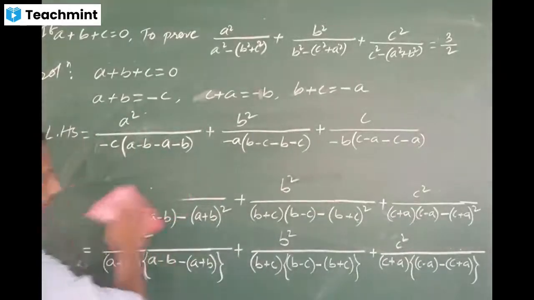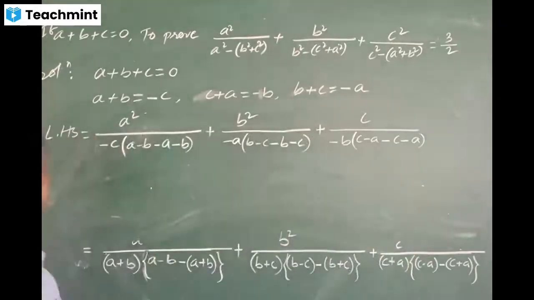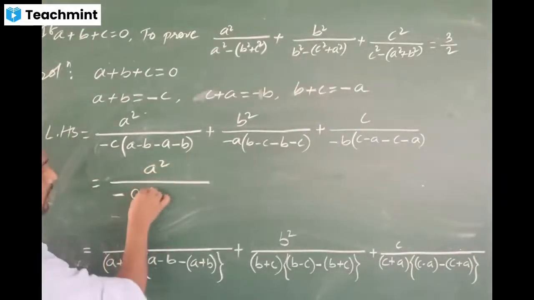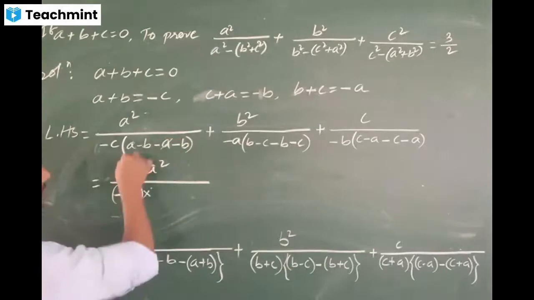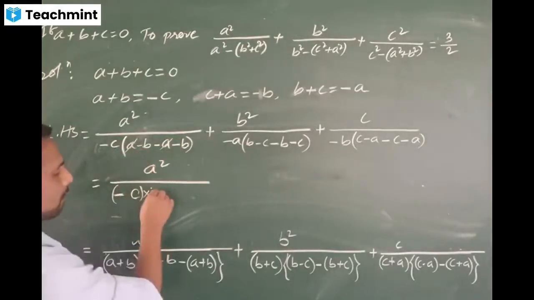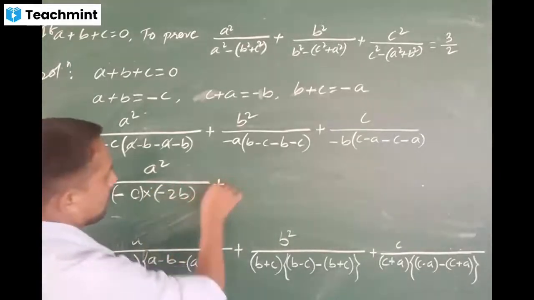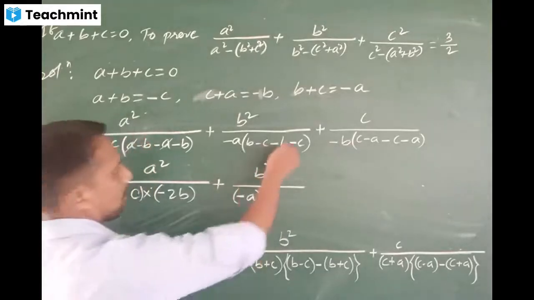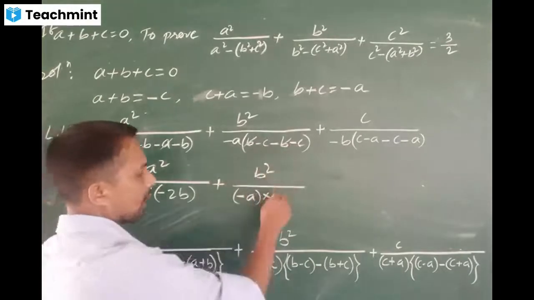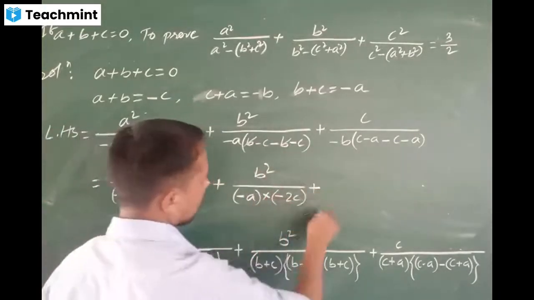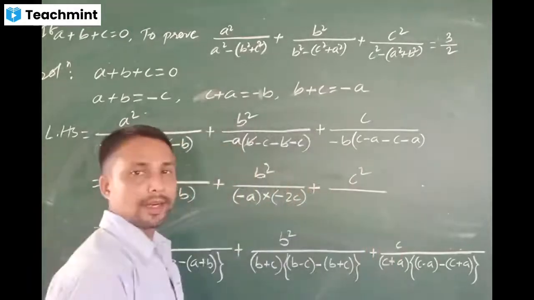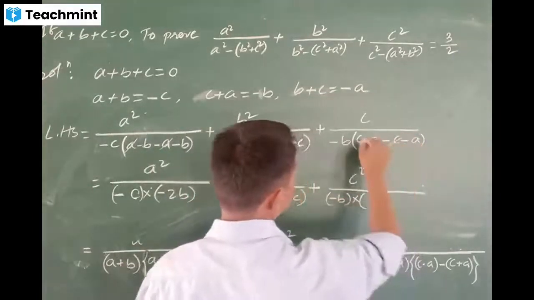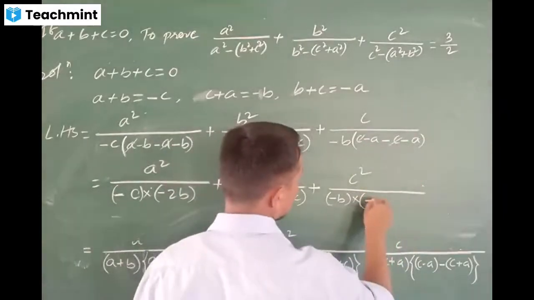Now, next of this, you can see here a square minus c, and minus a plus a gone, we have minus twice b, plus b square minus a into minus b plus b cancel, minus twice c, plus c square into minus b, minus c plus c cancel, minus twice a.